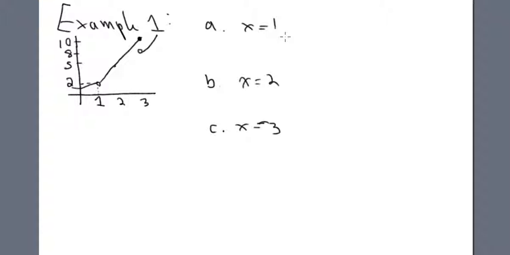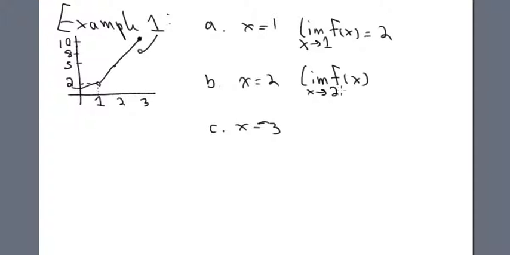So we would write this by saying the limit as x approaches 1 of f of x equals 2. Now, for b, x is 2. Well, there's not even a circle, it's nothing there, so we know the limit is 5. It approaches 5. So we say the limit of f of x as x approaches 2, notice I read that a little differently, it still means the same thing, equals 5.